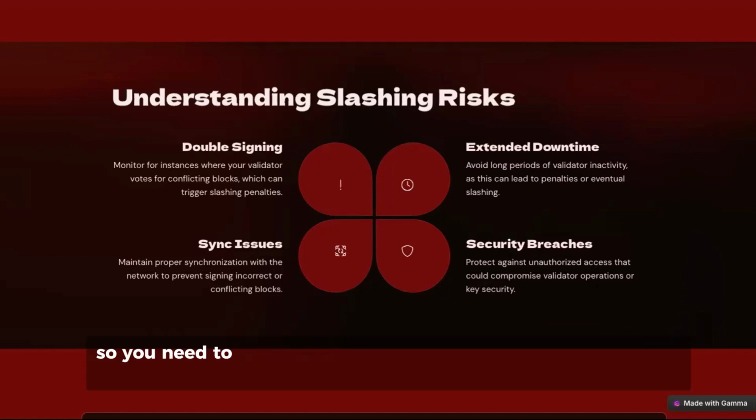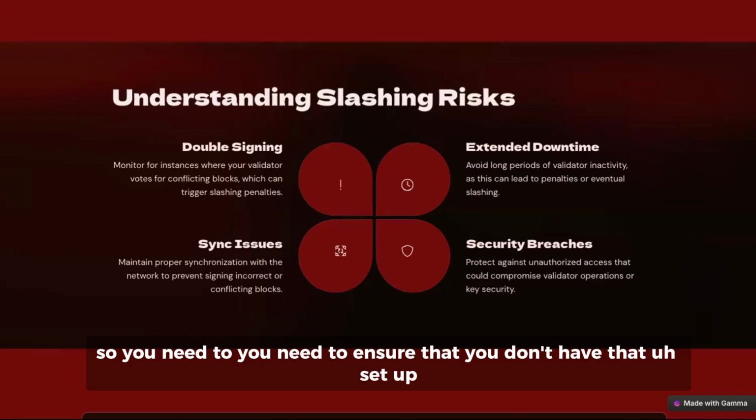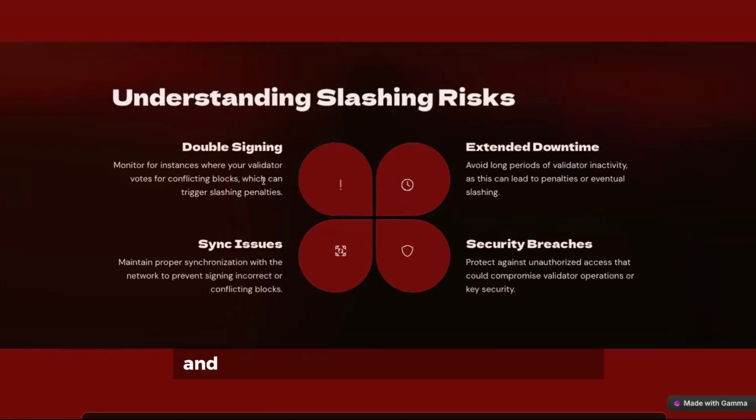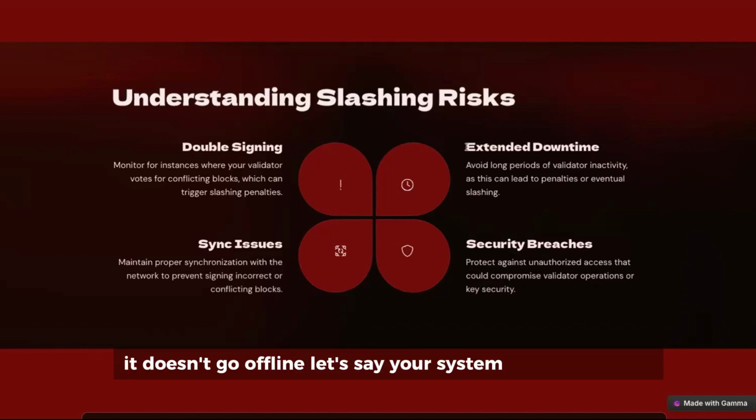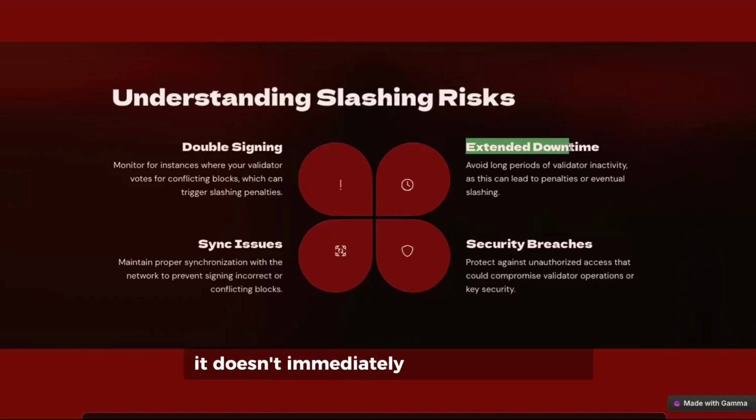So you need to ensure that you don't have that setup. And then extended downtime: as soon as your node goes offline, let's say your system shuts down, it doesn't immediately go off the network.